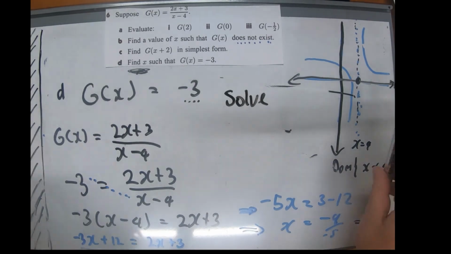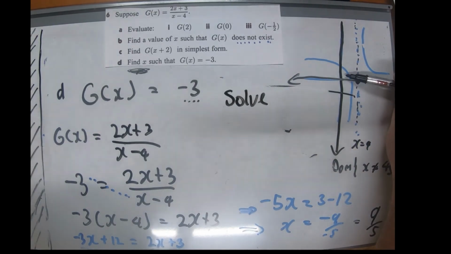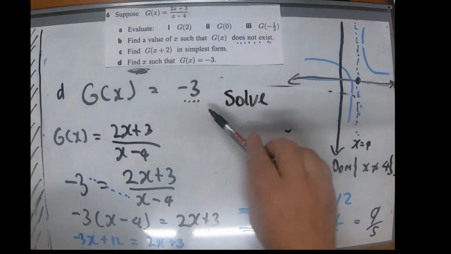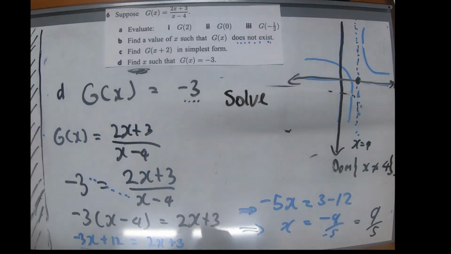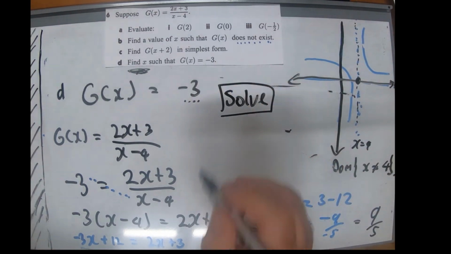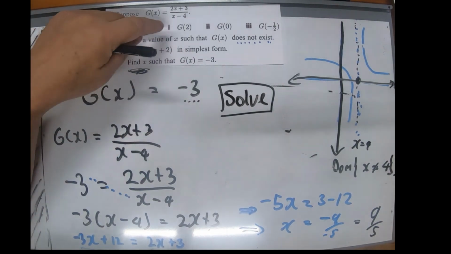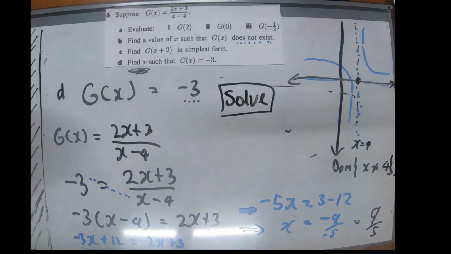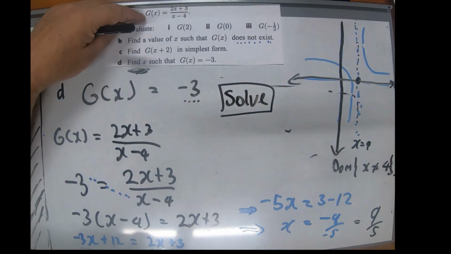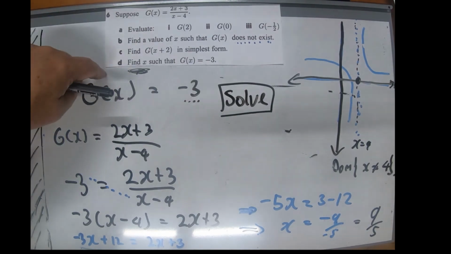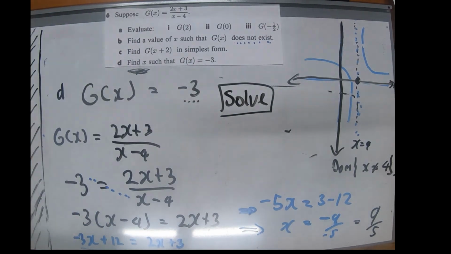So looking over here, when x is 9 on 5, which is about 2.5, or 1, almost 2, the graph would be at a height of minus 3. So, apart from substitution of the x value into the graph, as we saw in part A, we can also substitute the y value, or the g in this case, to find the x, hence a solve question.